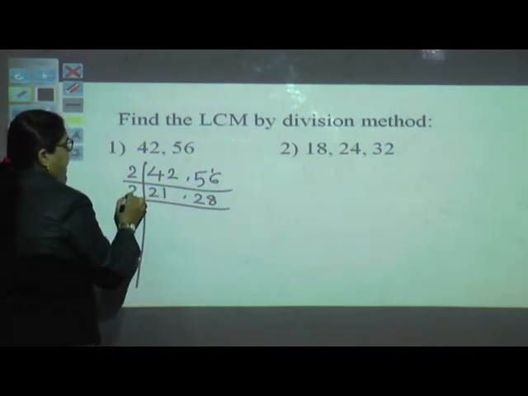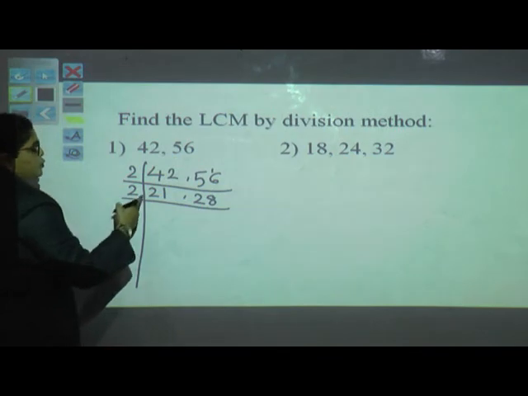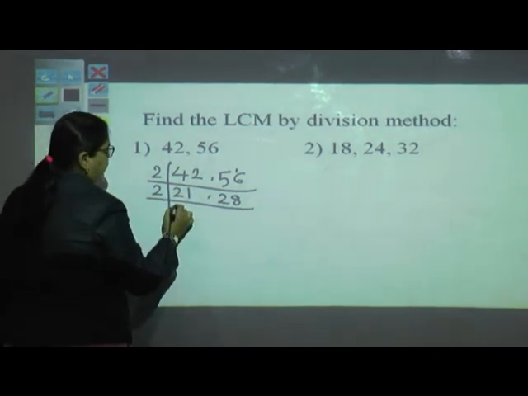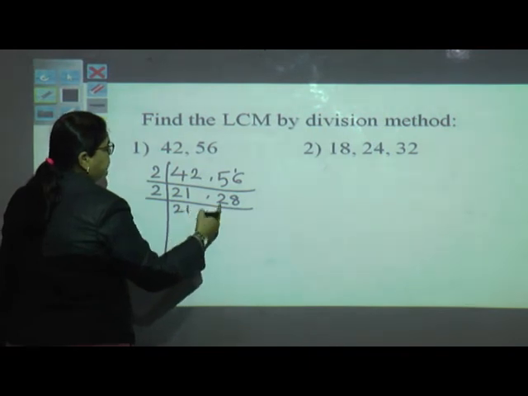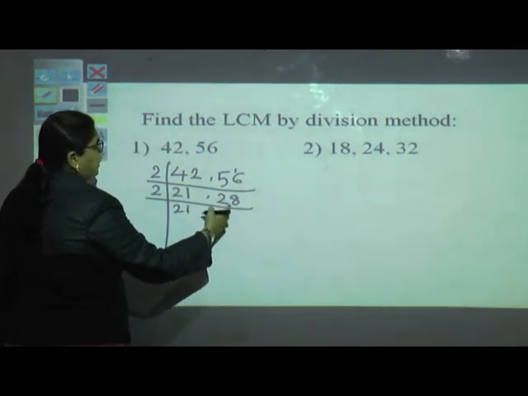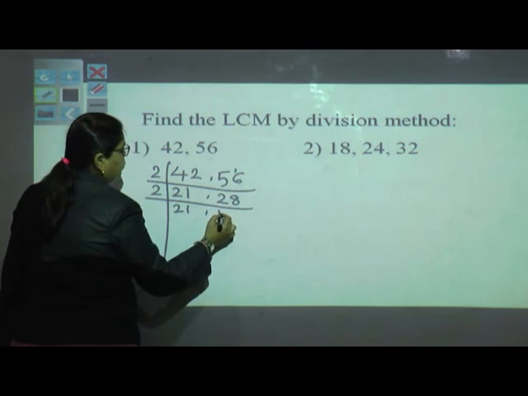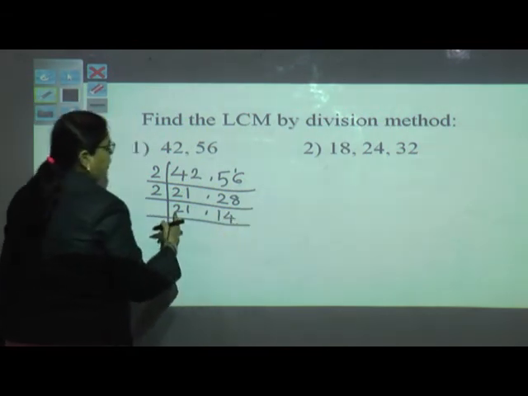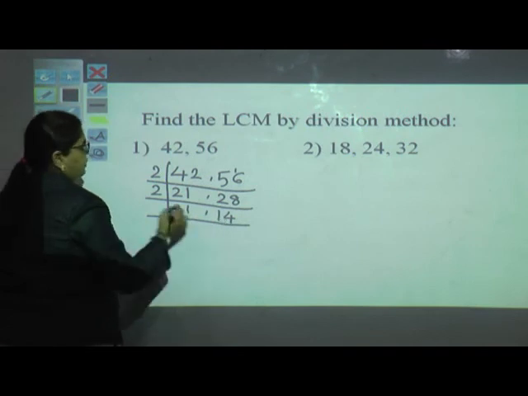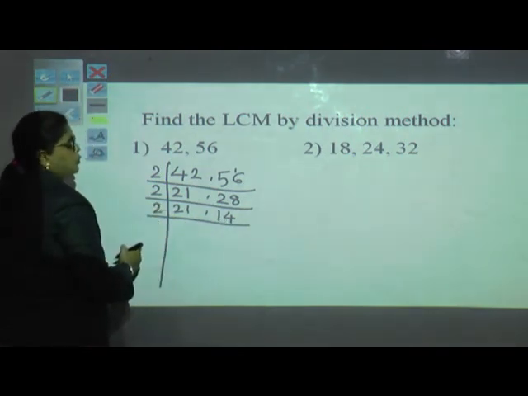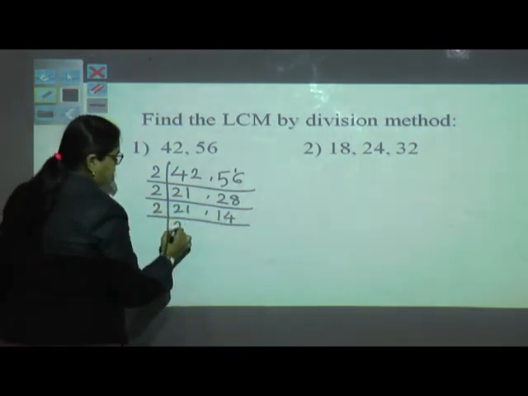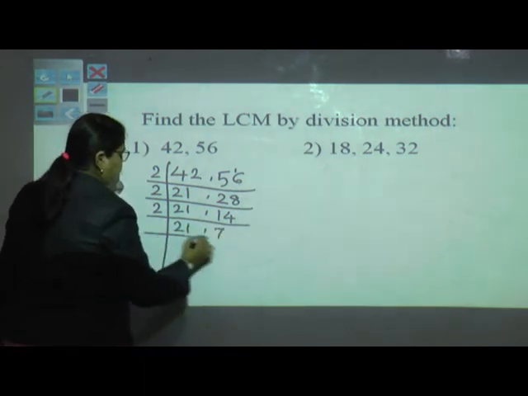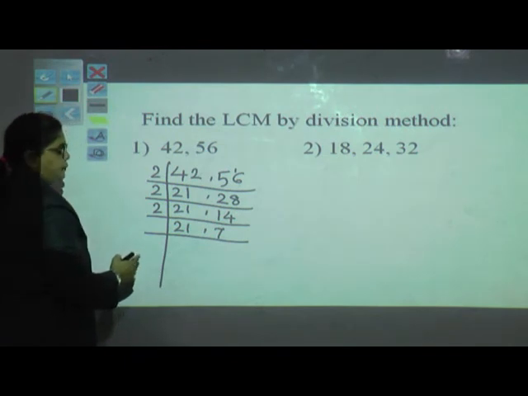We will try again with 2. Here we are unable to divide 21 by 2, so we write 21 as it is. We divide the 28: 2 1s are 2, 2 4s are 8. Now again we have an even number, so we go for 2. We write this number as it is and this will be 7. 2 7s are 14.